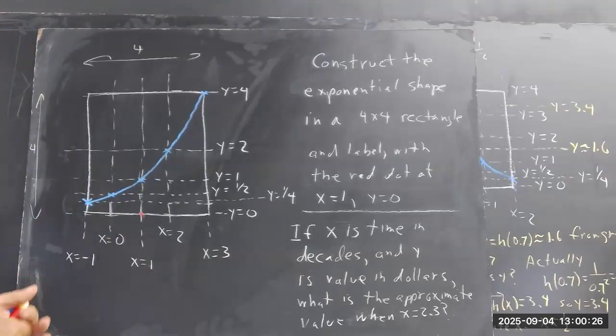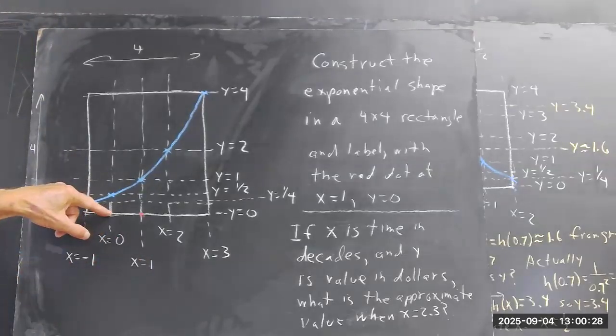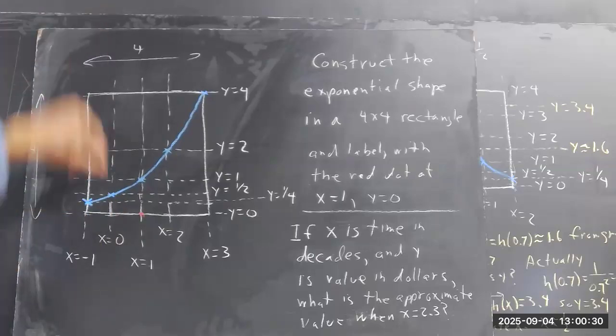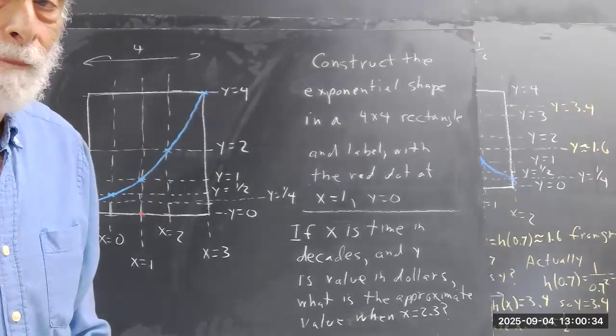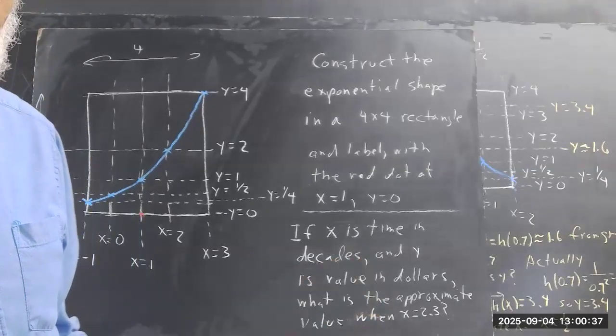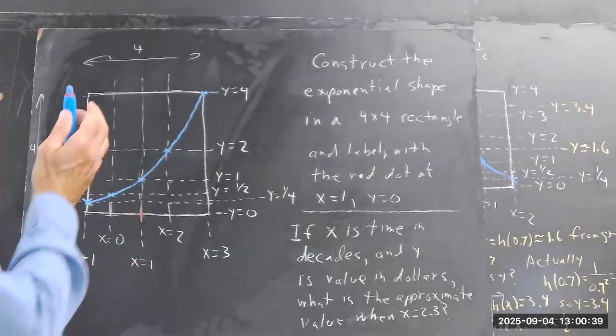So if you're going to draw x and y axes, the origin would be right here. The x-axis would be up here, y-axis would be here, but we're not drawing x and y axes yet. Yeah, you will for homework. So we want to get this process down.